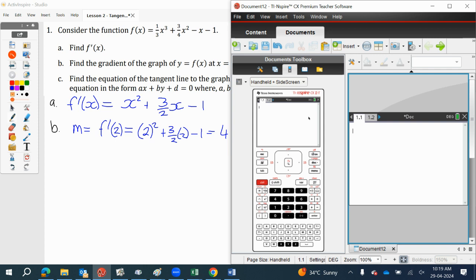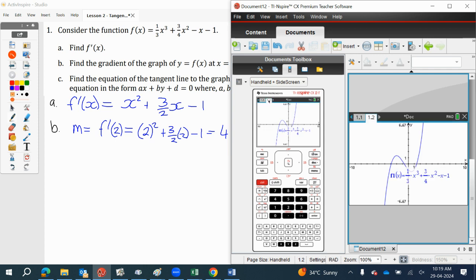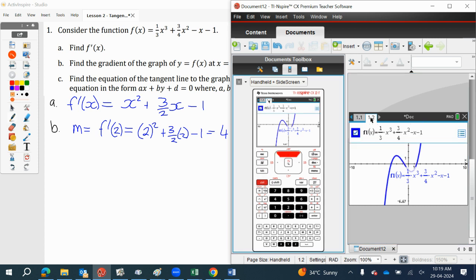So using our calculator, go into your graphing page and type in the equation of the function. So here, press tab and type in 1 over 3 x cubed plus 3 over 4 x squared minus x minus 1.